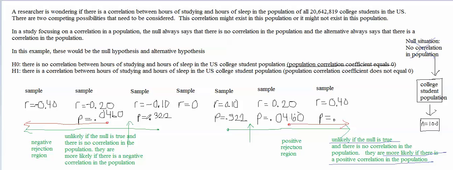These outcomes that are far enough below 0 to be in the negative rejection region are unlikely if the null is true. So they also lead to rejection. And they're also more likely if there's a negative correlation in the population, which is why down here you conclude that there's a negative correlation in the population.